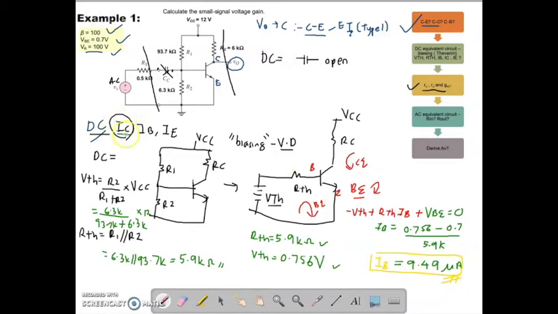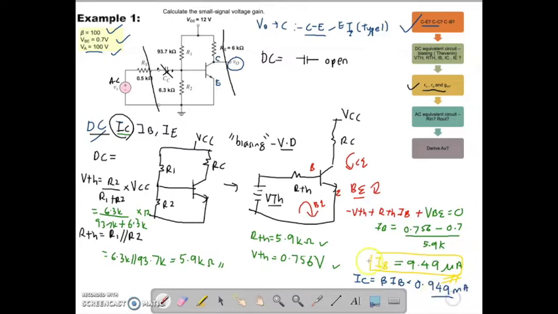Once you have your IB, what is the important value in order for you to proceed to the small signal parameters? You need to have the value of your IC. How do you calculate your IC? Equal beta IB, so you just multiply this IB by 100. So you get your IC, 0.949 milliampere.